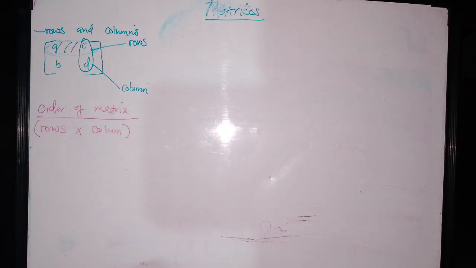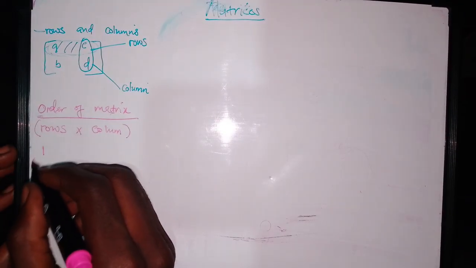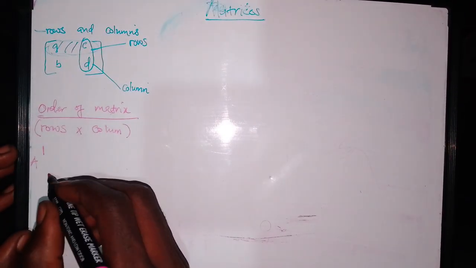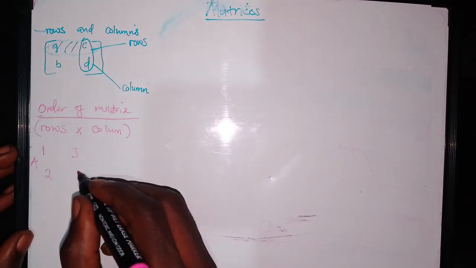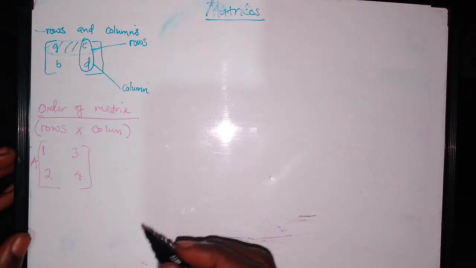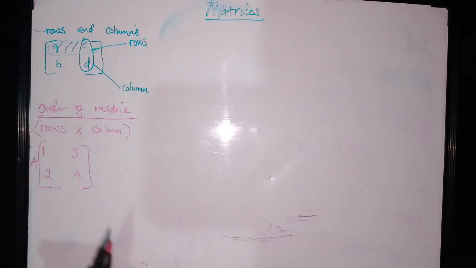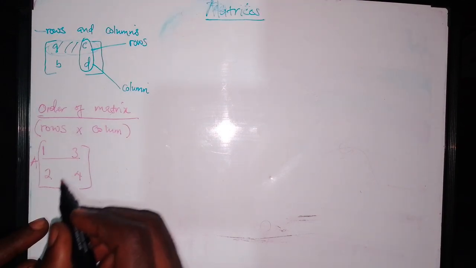An example I can give you is this one. We have matrix A, which has 1, 2, 3 and 4. If they tell you to state the order of this matrix, you count the rows first: 1, 2.